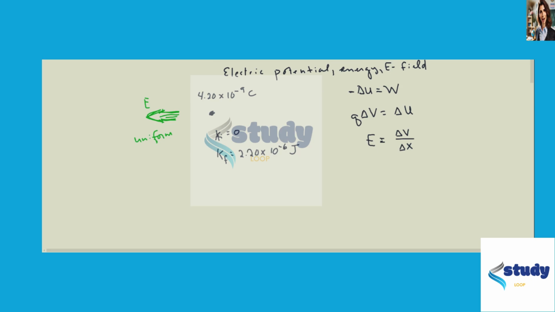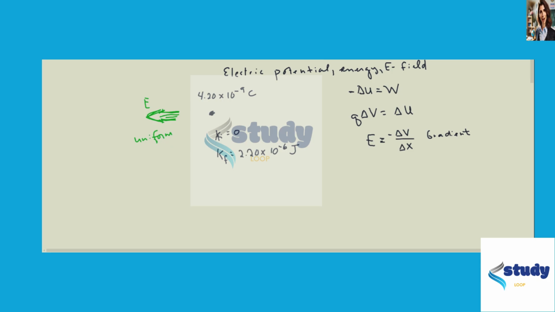Here, I'll just be interested in a magnitude, but in reality, that gradient would have a negative sign sitting in front of it to relate to the electric field. Like I said, I'll worry about the sign in a different way.